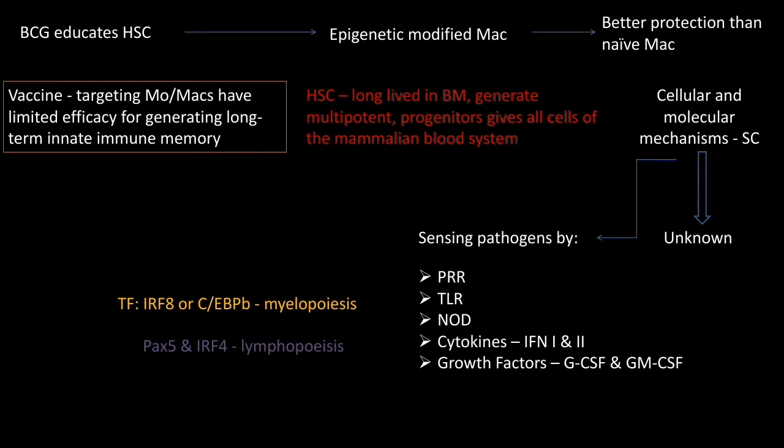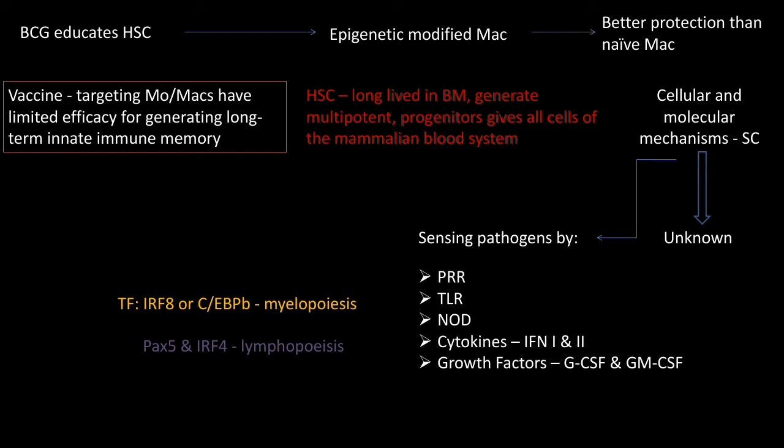Genomically the DNA is not changed, but the phenotype of the macrophages is changed, which gives better protection against tuberculosis than the naive, that is wild-type, macrophages.